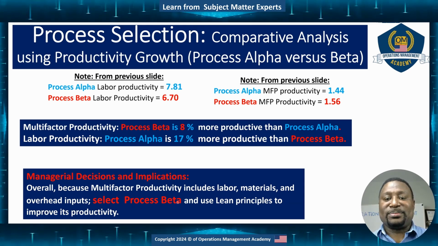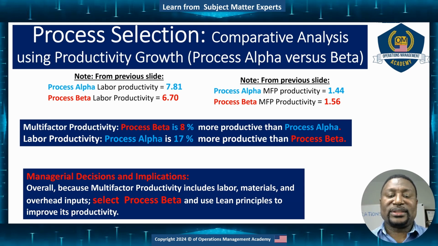So we're going to select process beta, but we're going to recommend that the manager, Kelly, the operations manager here, must use lean principles to improve labor productivity, because we saw that the labor productivity of process beta was not good at all. Alpha beats beta by 17%. Because multi-factor productivity is more inclusive and has more inputs than just labor, that's why we pick it.